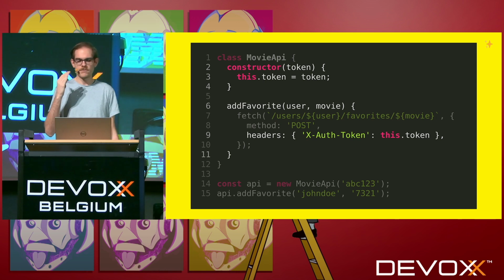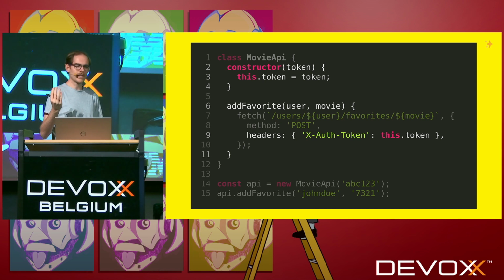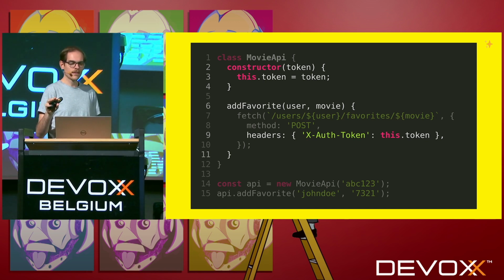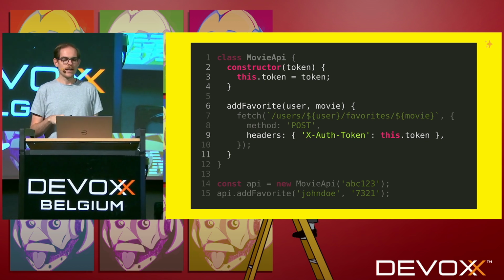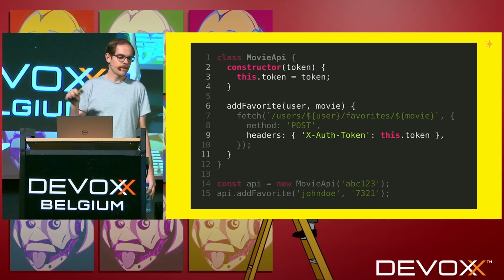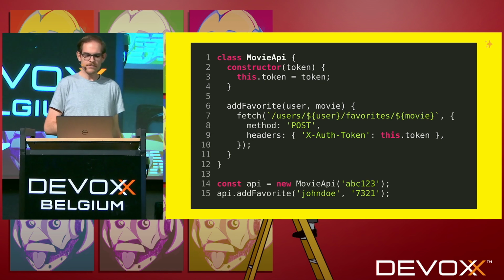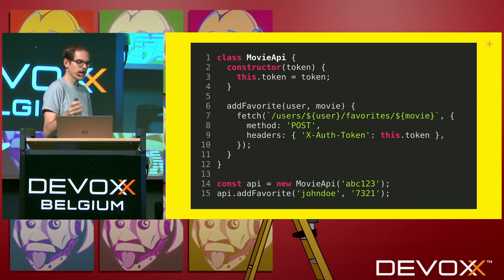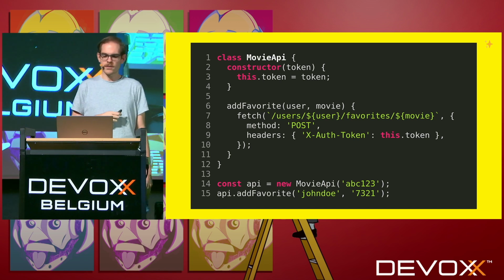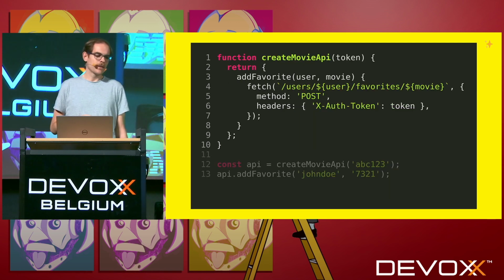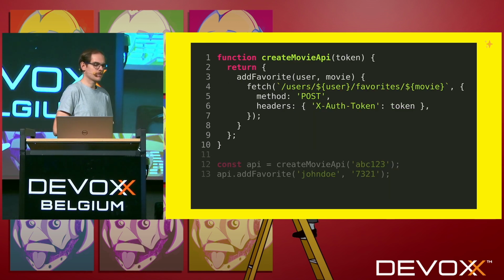So the idea is that you don't need to be passing the token all the time. You just instantiate your API class, and then the token is there, and you just call the methods. You will do it like that, new MovieAPI, you pass a token, and then you call the methods, and that works. Well, we can do the same thing, similar to what we saw before.